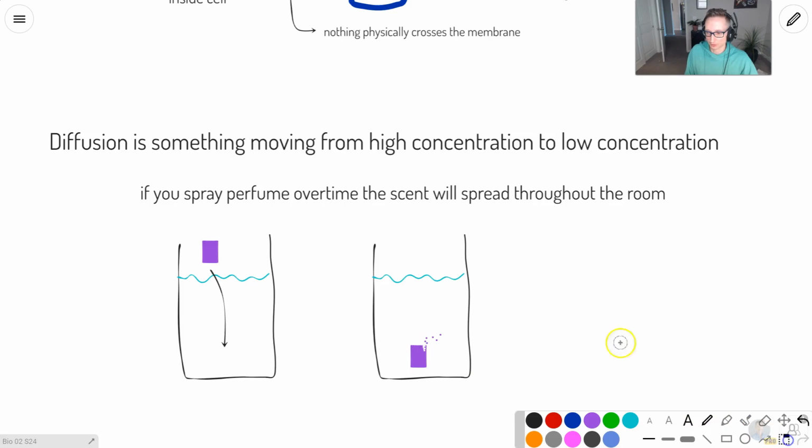And this process will just continue on and on until eventually this whole thing is going to be purple. Not in this pane, but in the next pane when I draw that.